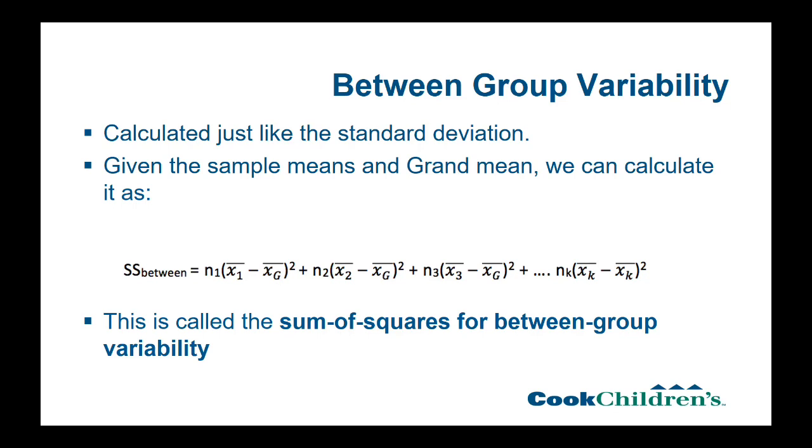Remember, this is between groups, not the individual samples. Then you square it, and weigh each squared deviation by the sample size. That's how the sum of squares for between group variability is calculated.